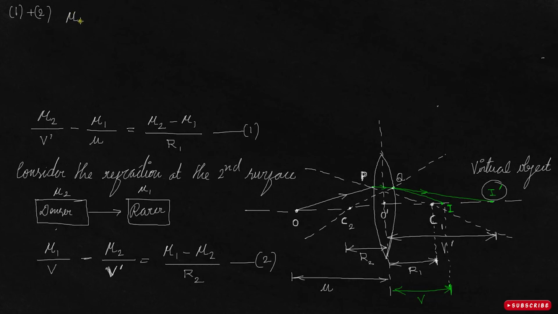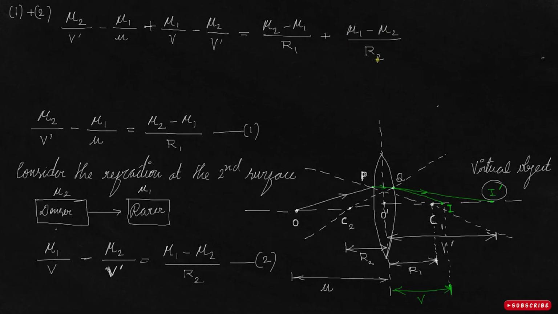So mu2 by V dash minus mu1 by U is plus mu1 by V minus mu2 divided by V dash. The left hand side is over. Now the right hand side is mu2 minus mu1 by R1 plus mu1 minus mu2 divided by R2. Okay, now you can cancel this one.